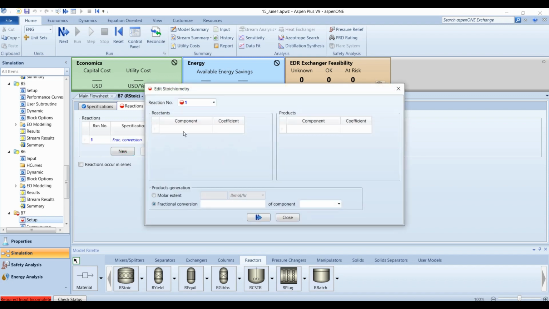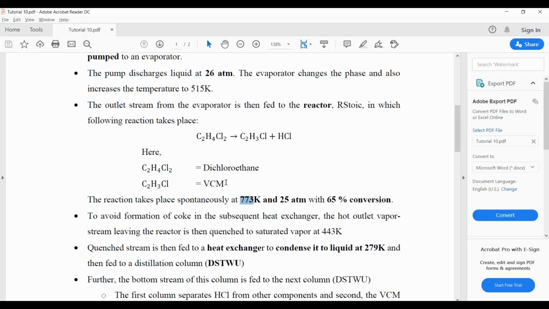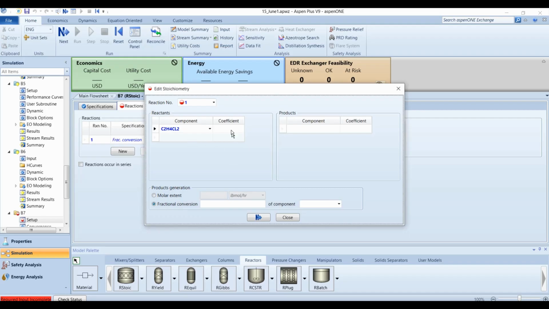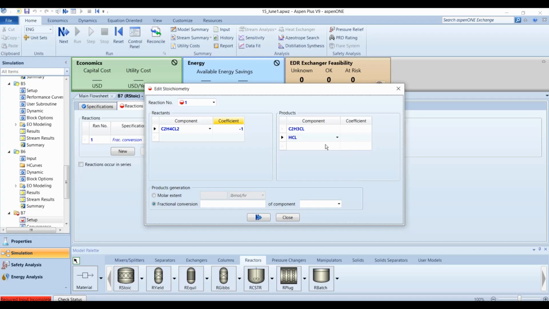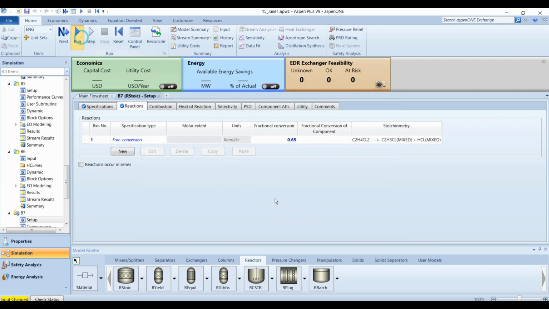So I will click on next. Dichloroethane, coefficient 1, is converting to vinyl chloride and HCl with 65% conversion. So I will first of all add coefficients, and it is here 0.65 of C2H4Cl2. I'll click on next, and I will run it.